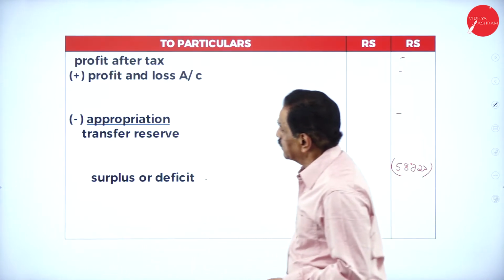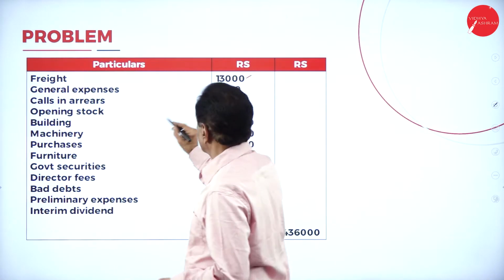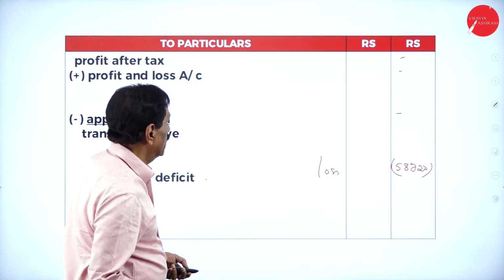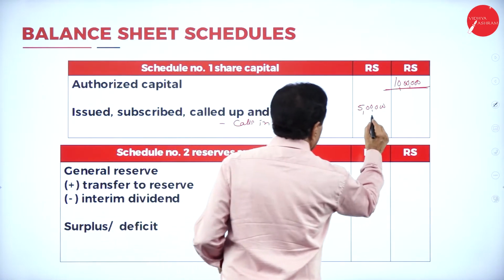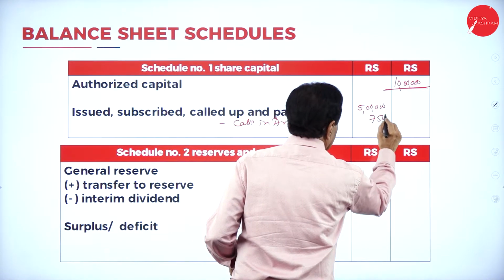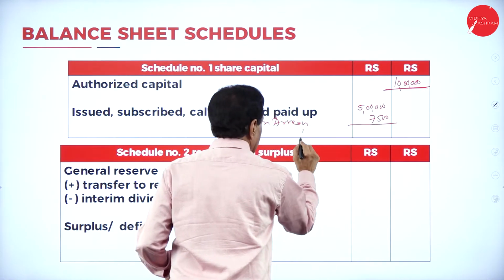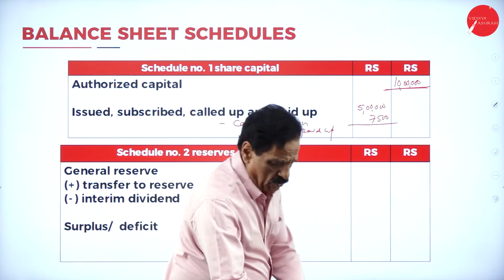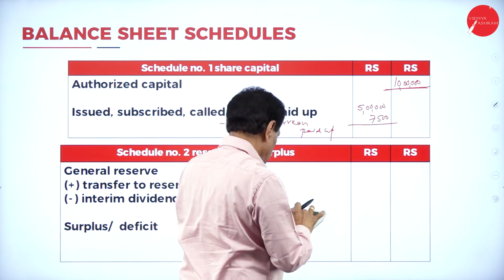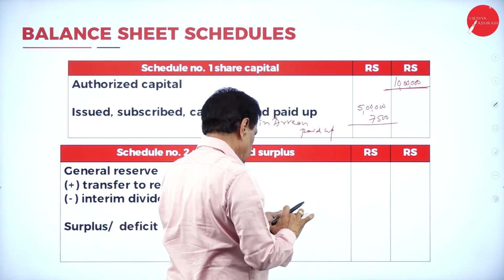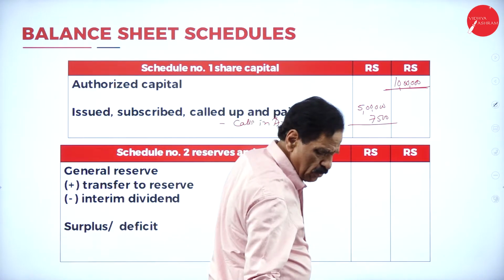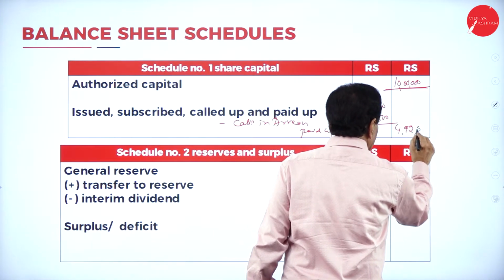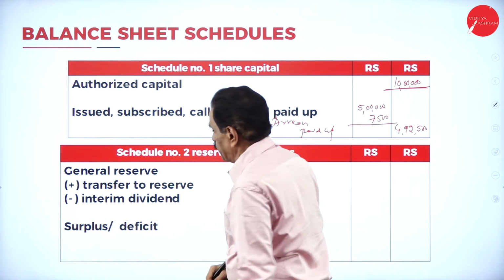Any calls in arrears? See that? Calls in arrears 7,500. This is paid up. So 5 lakh minus 7,500, 4,92,500. This is your paid up.